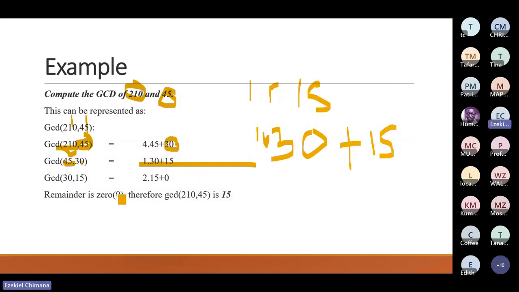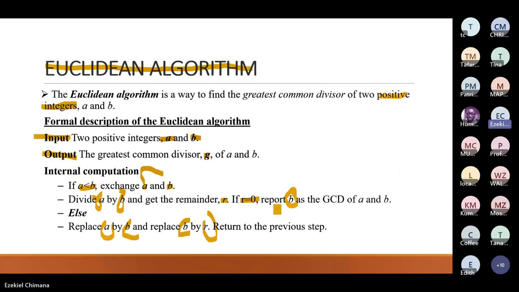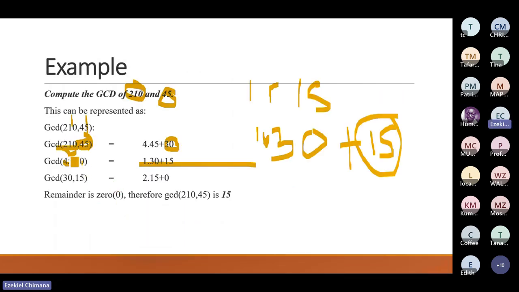Next, since our remainder is 15, which is not 0, you replace your A by B and your B by R. So where there was a 45, it's now a 30, and you replace B by the remainder 15.